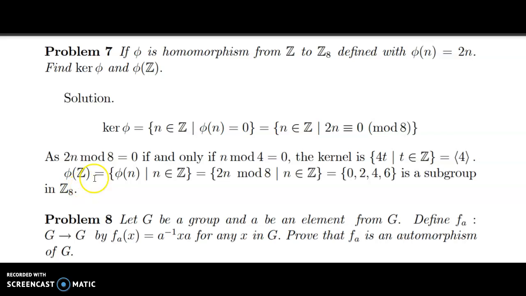The image consists of the set of all images, of course, phi of n, when n is in Z. So 2n mod 8, when n is in Z. And here we'll get the numbers 0, 2, 4, and 6.